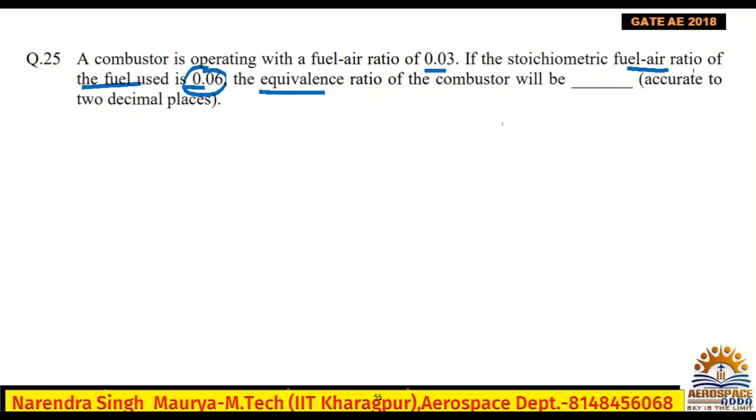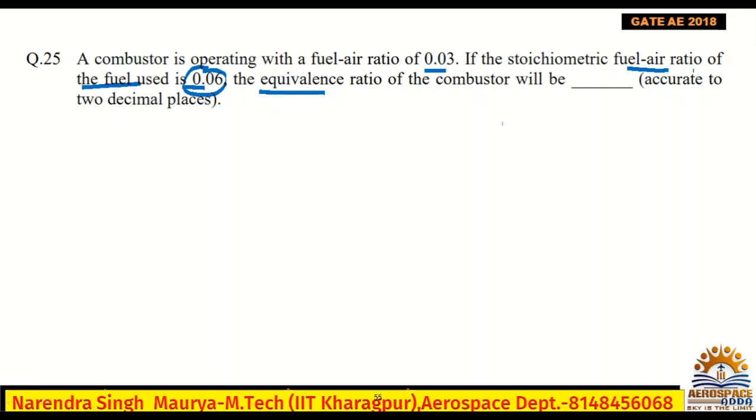It will be unburned particles, and it will go through the nozzle. It will be the wastage part actually, because it is unburnt fuel passing simply through with the help of air. Hope you understood.